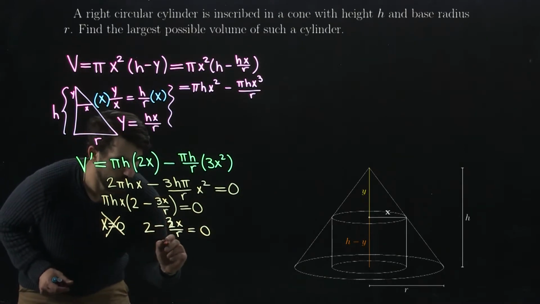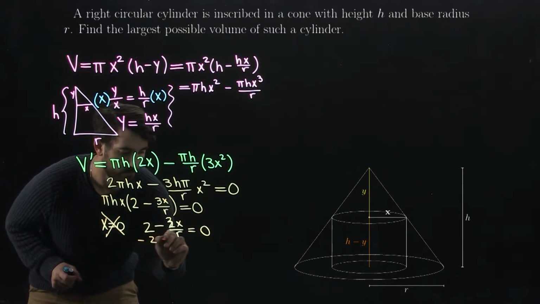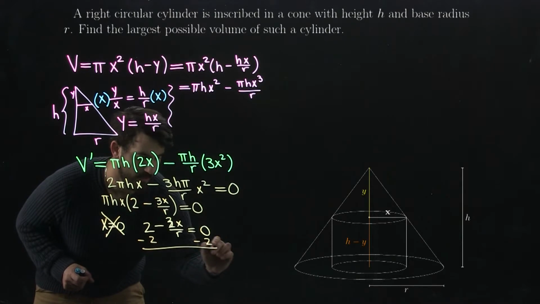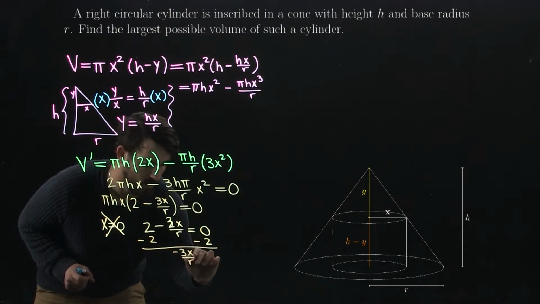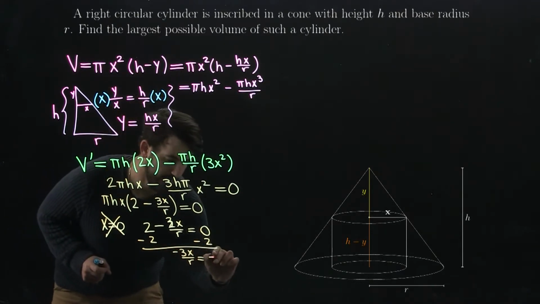So I'm going to subtract 2 from both sides, and I get negative 3x over r equals negative 2.